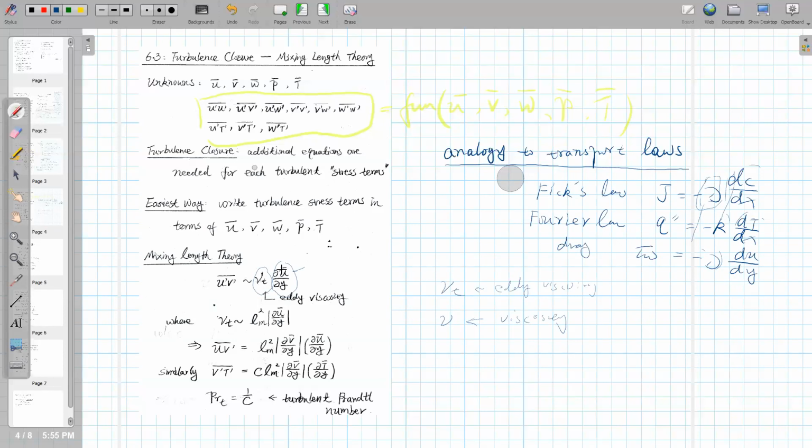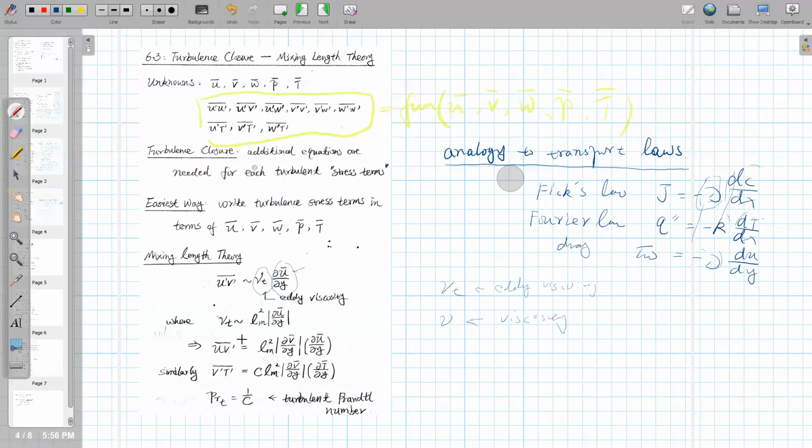It can be proved, but I won't go into those details, because you can know that the mean velocity gradient can bring turbulence effects. And this nu t constant is unknown, we do not know it yet, but we know it should be some constant. We call this the eddy viscosity.